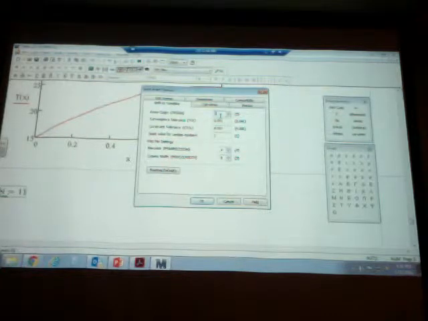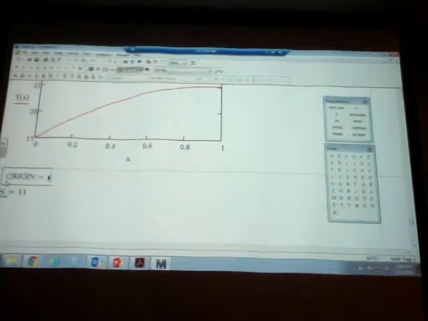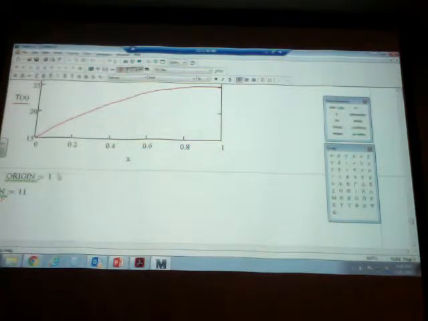So one thing I want to do for consistency, and I do this all the time, is set this number to 1. Or instead of setting it there, I can set the label directly here. I can say origin equal to 1. And MathCAD will automatically understand that this term origin is the same as changing it in the preference dialog.